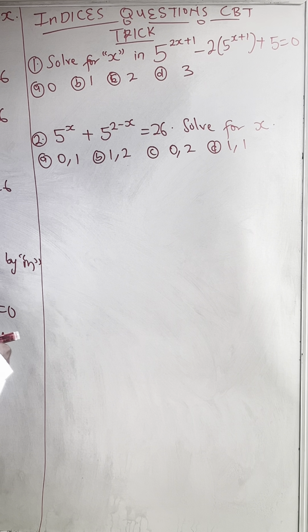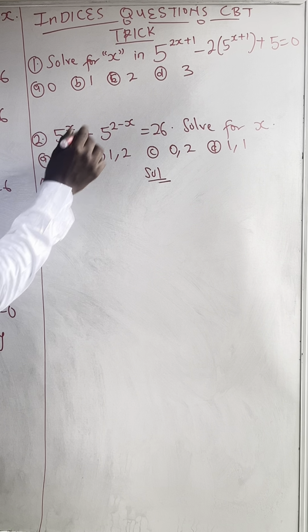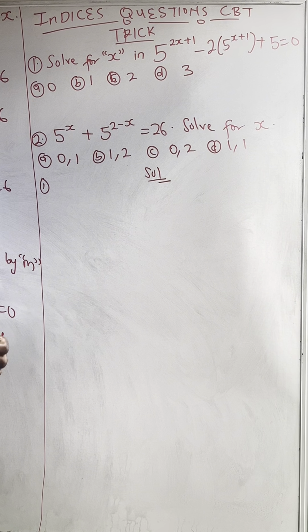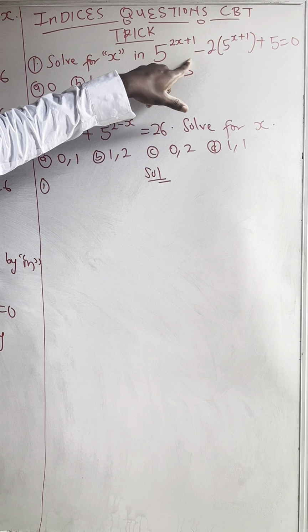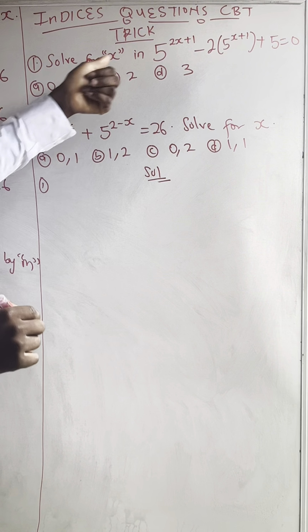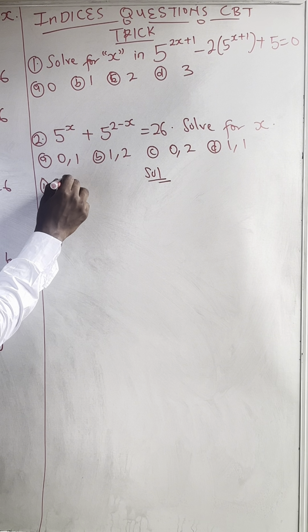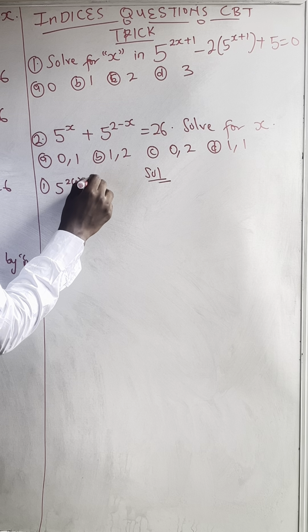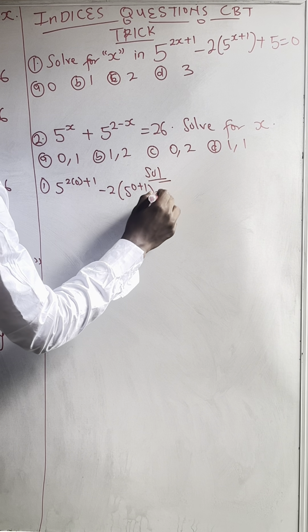What I will just do is that solution for number 1. So you know this is the expression. I will just substitute the value of 0 here. If after substituting the value of 0 here, I add everything together and it gives me 0, that simply means that my x that I'm looking for is what? 0. So you know that will now be 5 raised to power 2 times 0 plus 1 minus 2, 5 raised to power 0 plus 1 plus 5.